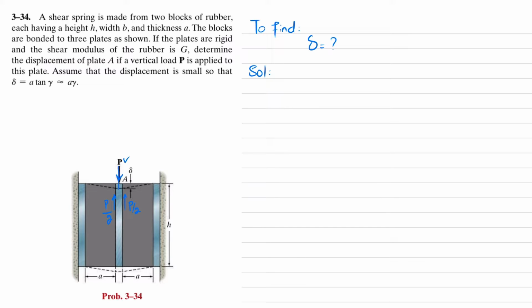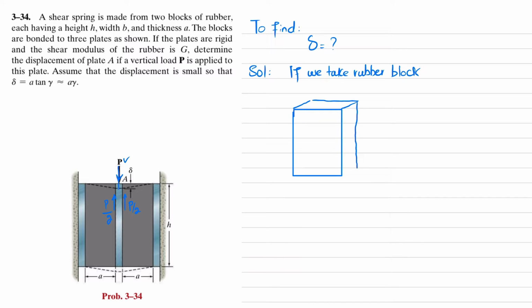If we take a rubber block and analyze it, let me draw this rubber block. Let's say this is your rubber block. Clear? This is its width b, and this is its height h.